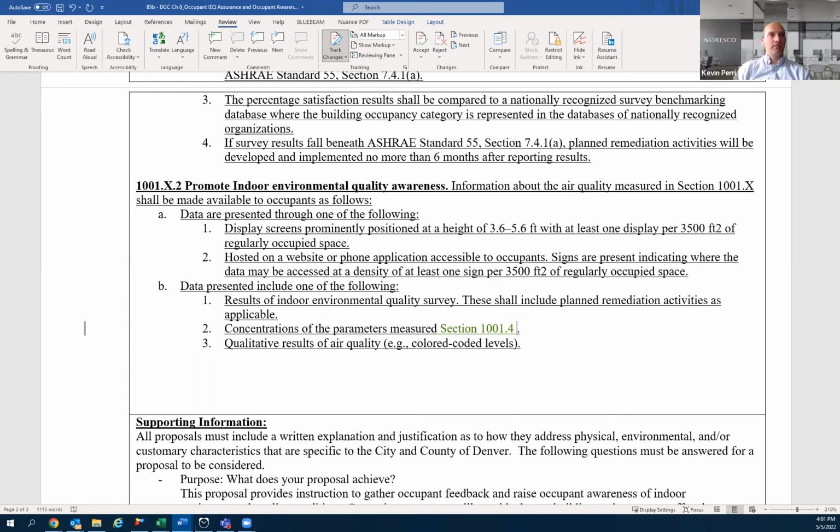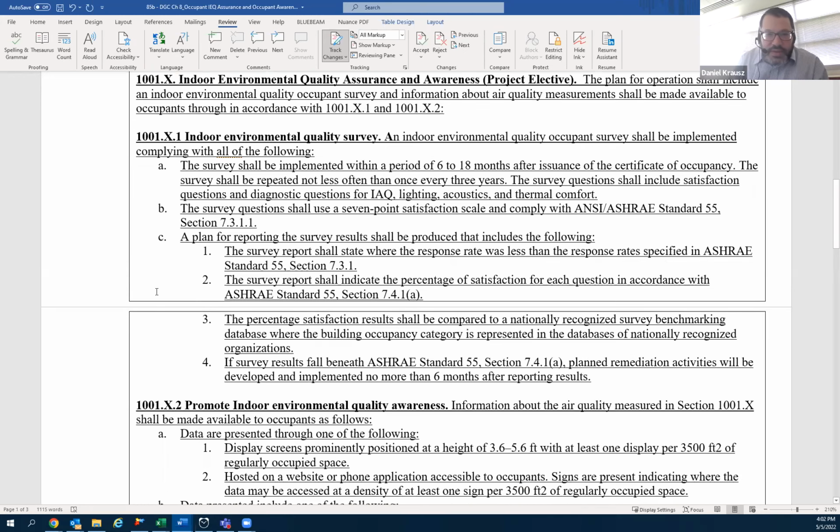Any other discussion? Anybody want to make a motion? Daniel, go ahead. I'm sorry, I had discussion if we're still open for that. Absolutely. So going back to 1001X1, there's a change between where the survey shall be implemented, and then a plan for reporting the survey shall be produced.